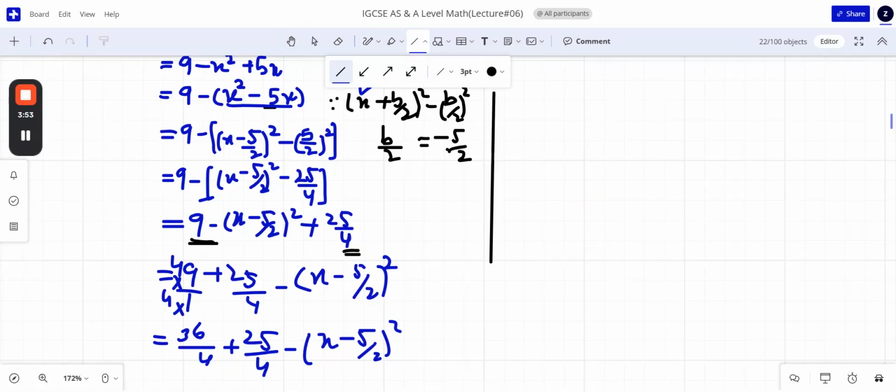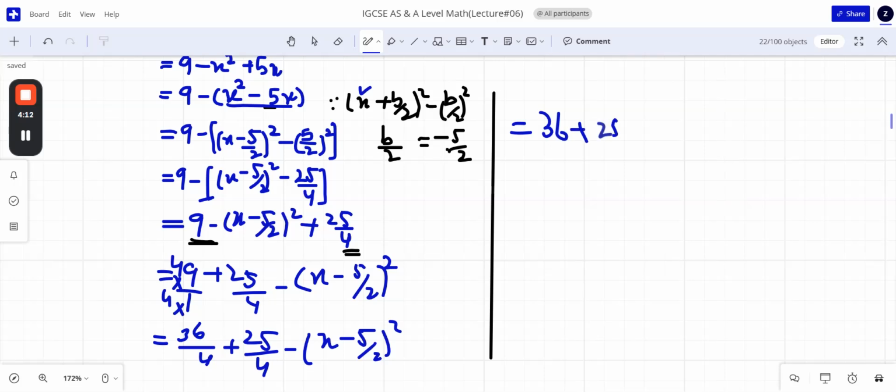After that we have to add the values. If the denominators are the same, we just write the top values together. So here it would be 36 plus 25 divided by only 4; the denominator we write once.